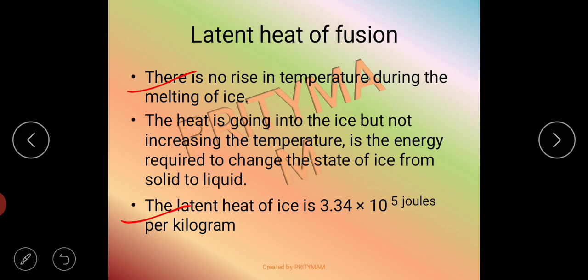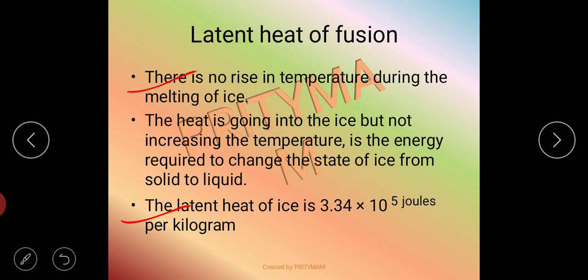Where does the heat energy go then? We have been supplying energy, but there is no increase in the temperature. Then where did this heat energy go? Actually, this heat energy is used up in changing the state of the solid substance by overcoming the force of attraction which is present between the particles.